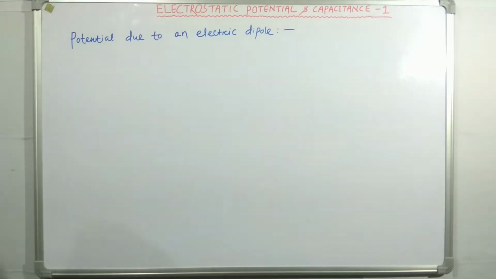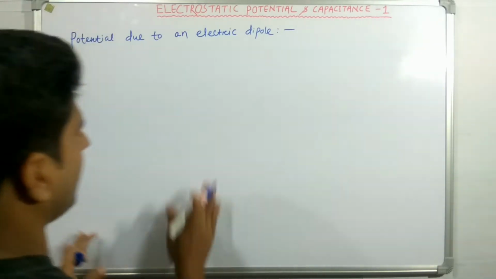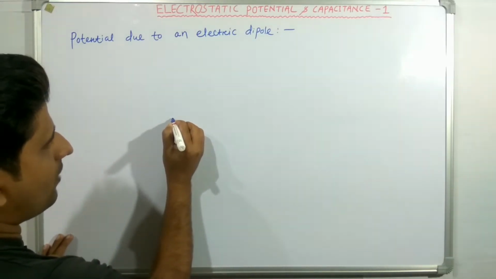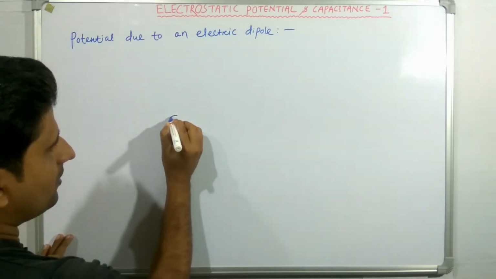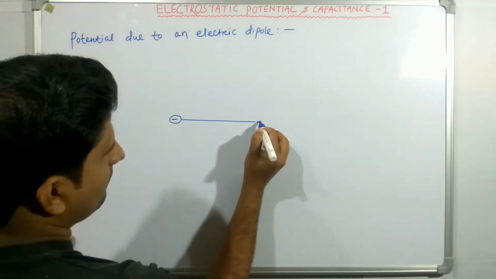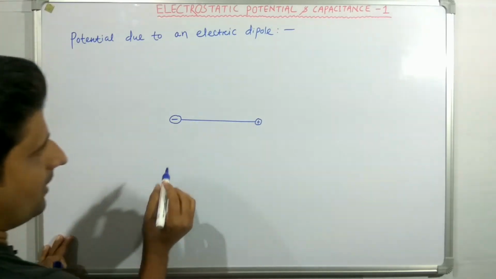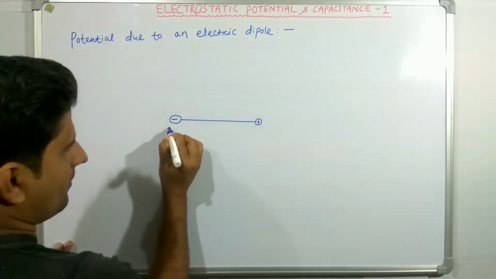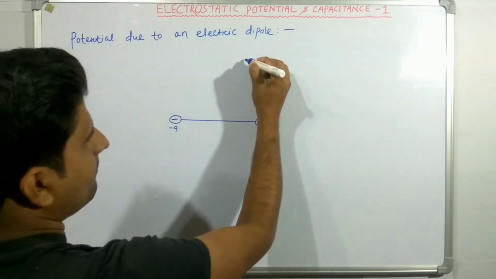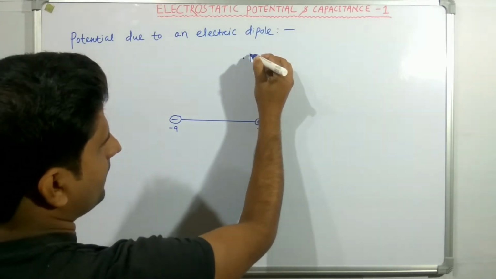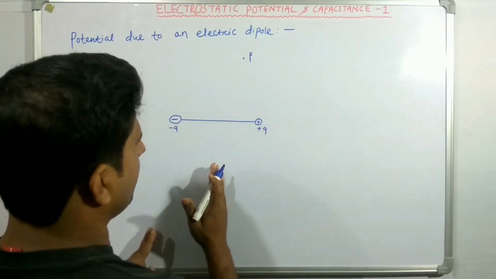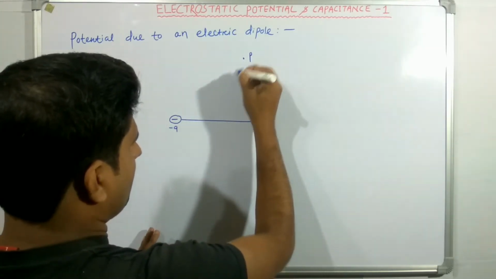Next, potential due to an electric dipole. An electric dipole means two opposite charges. Suppose one charge is minus q and another charge is plus q. Suppose this is the negative charge and this is the positive charge. So this is the dipole. At a point P, we find the electrostatic potential.